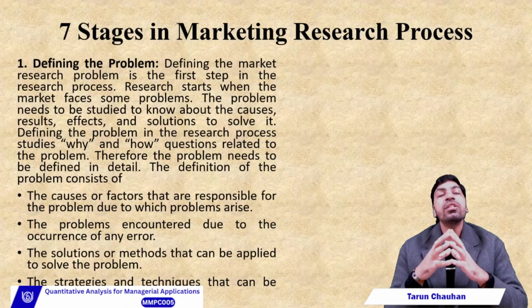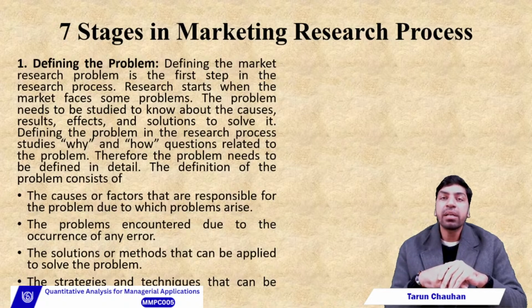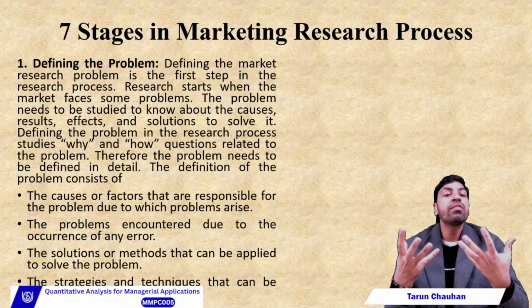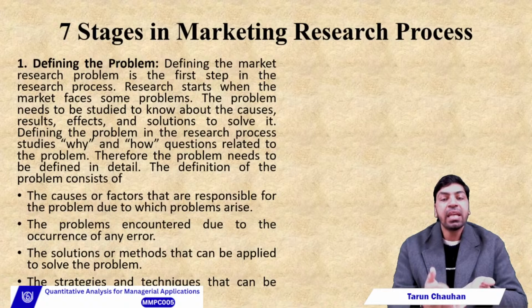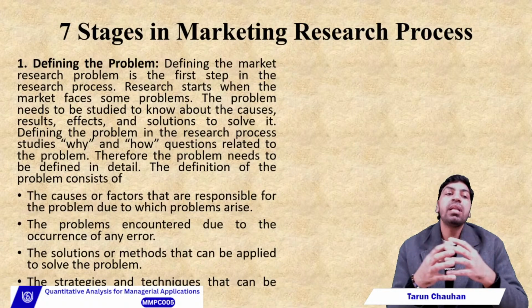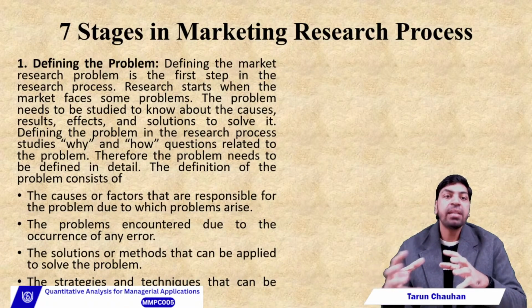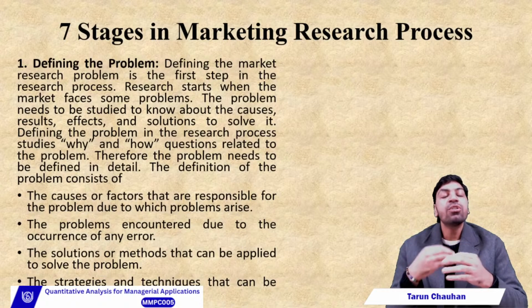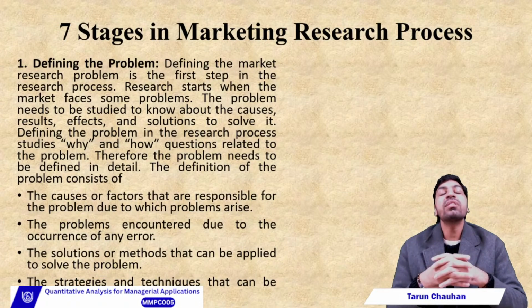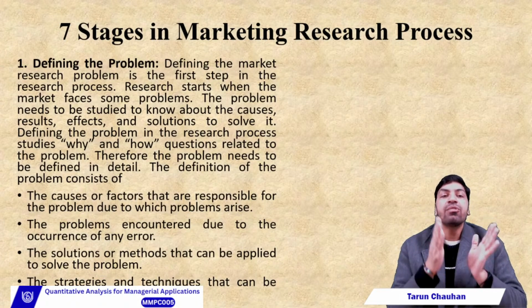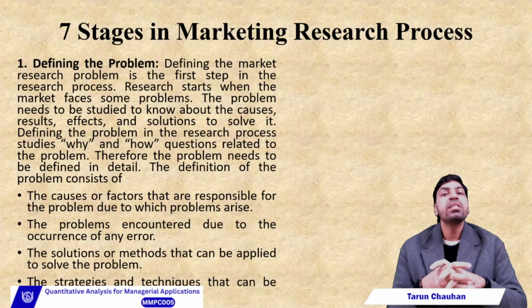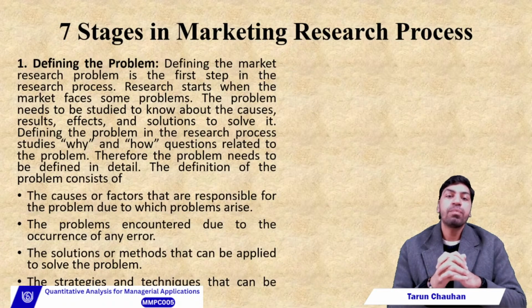Research always begins with marketers who are facing some sort of problems, and accordingly the problems can be studied and sound decisions found to solve that problem, and that is called research. So it is essential to define the market research problem, which is one of the first main steps of the research process.